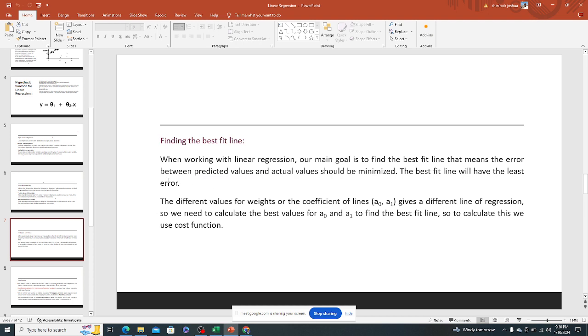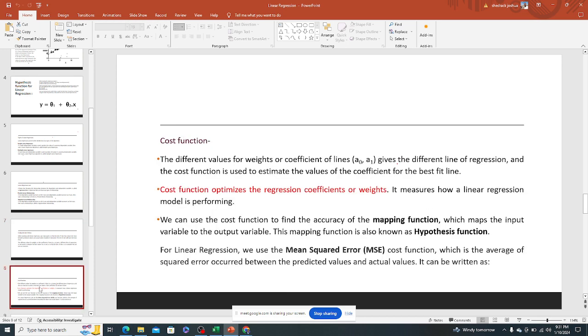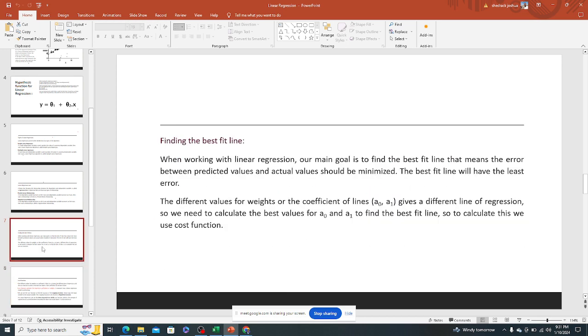Let's continue. So, finding the best fit. How can we optimize? Optimizing here basically means we are trying to find the best values of our coefficients so that we may optimize our model.